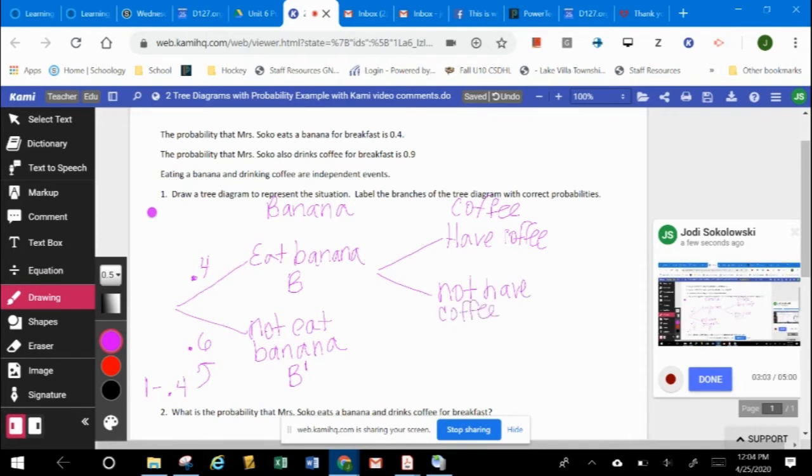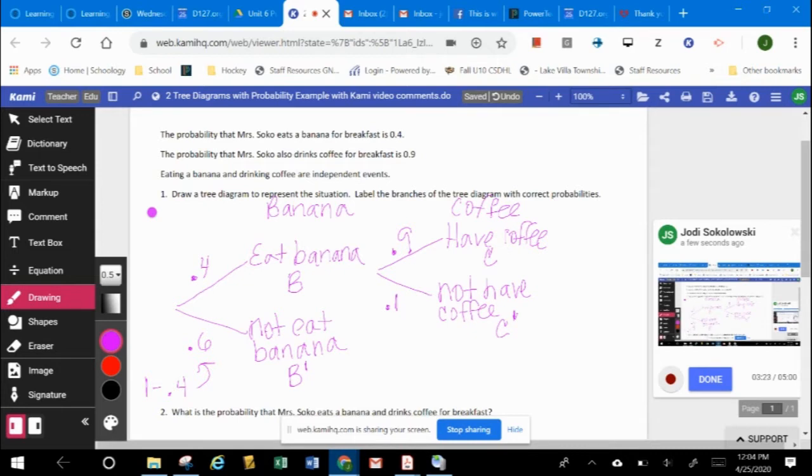So it's going to be 0.9, 90% that I will have coffee, and 0.1 or 10% that I won't. Oh, and I'm going to use C, and I'm going to use C prime or C naught. Sometimes they say that too.